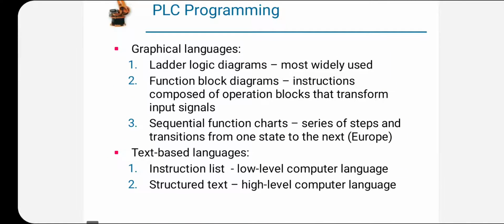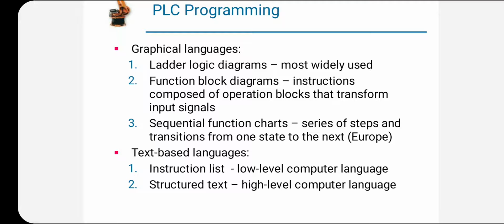PLC programming uses graphical languages. The ladder logic diagram is most widely used. Then function block diagrams, with instructions composed of operation blocks that transform input signals. Sequential function charts are also used, with a series of steps and transitions from one state to the next.